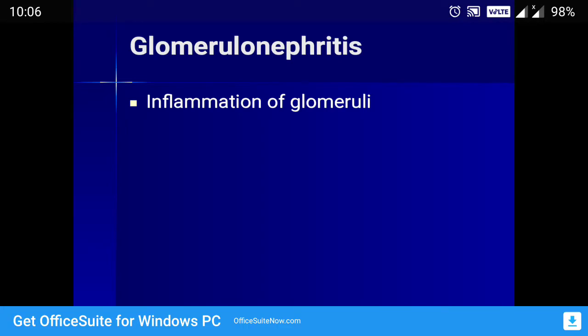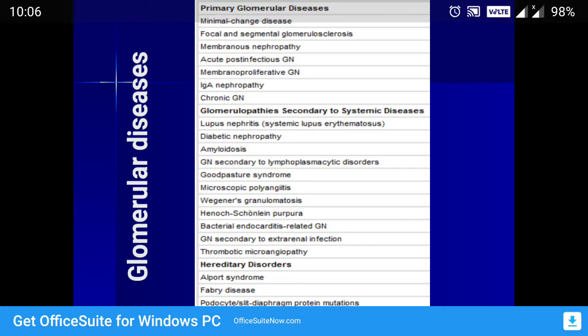As I told you, glomerulonephritis is inflammation of glomeruli. Glomerular diseases or glomerulonephritis is divided into primary and secondary. Primary glomerulonephritis means the cause is confined to the kidney.